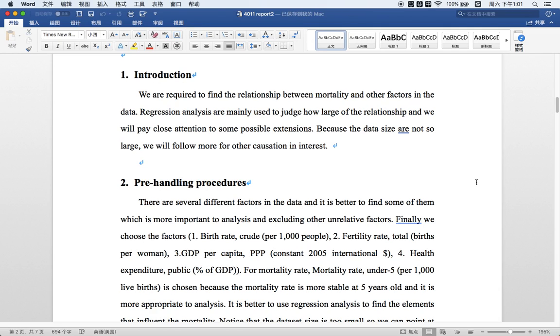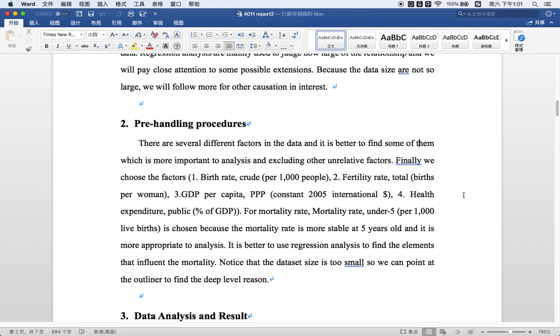Finding of the report: I will find the mortality rate and the relationship between mortality rate and other factors. At first, I will find some factors that are more interesting and important to analyze.